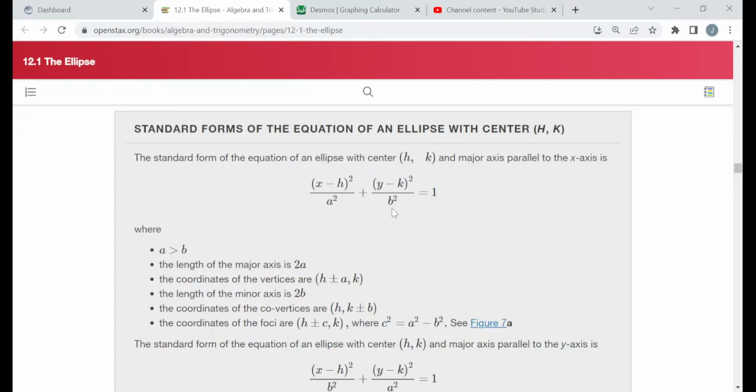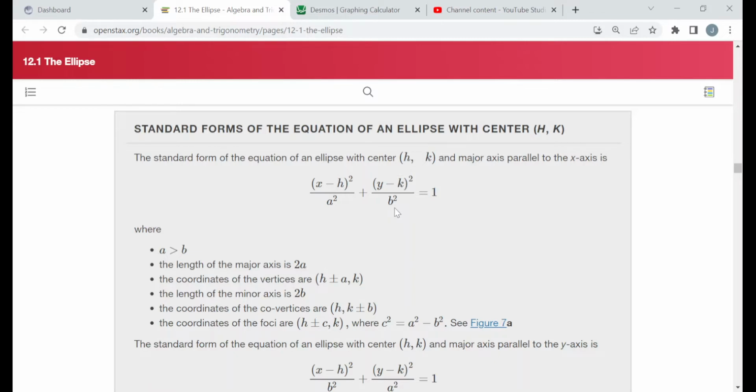This a and b mean exactly the same stuff as in the last video. Again, I'm assuming you've written equations of ellipses centered at the origin before. A represents the distance from the center to a vertex, or the length of the major axis is just twice a.